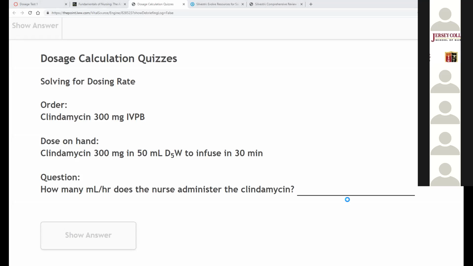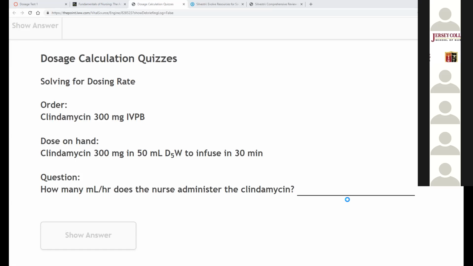Okay, so look at my information up there. What do I need out of that information to solve mLs per hour? The total volume, which is? 300? No. So what do we see behind the 300? We see mg, milligrams, right?